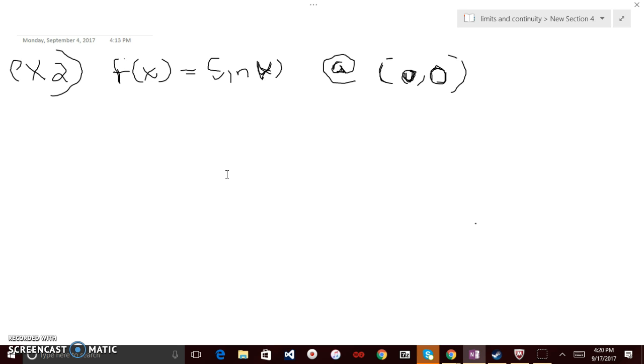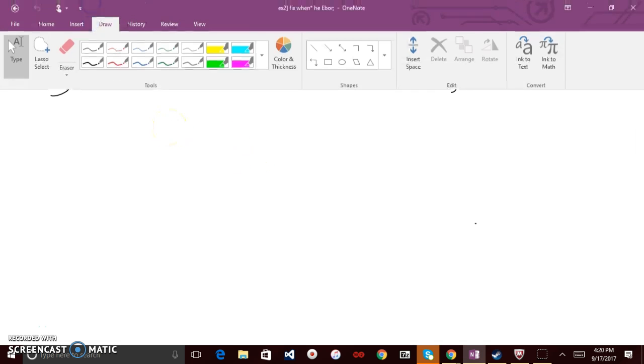So how do we do that? The same exact way. First of all, we find the limit, find the slope, and then once you find the slope, you use the point-slope formula, and then you find the equation of the line. Alright, so let's get my pen back real quick.